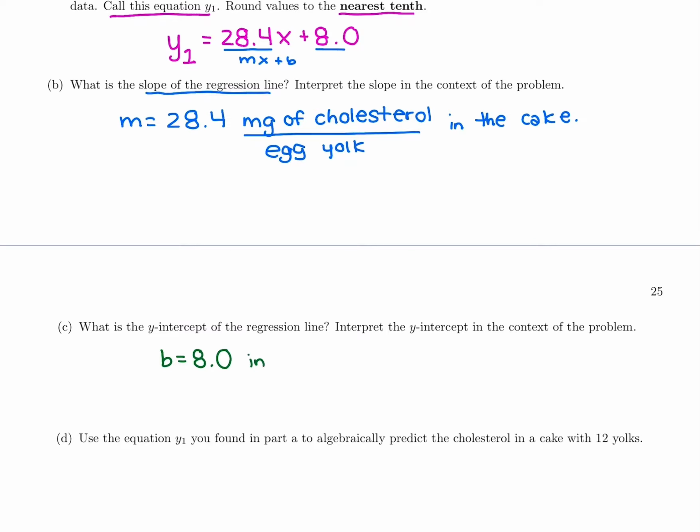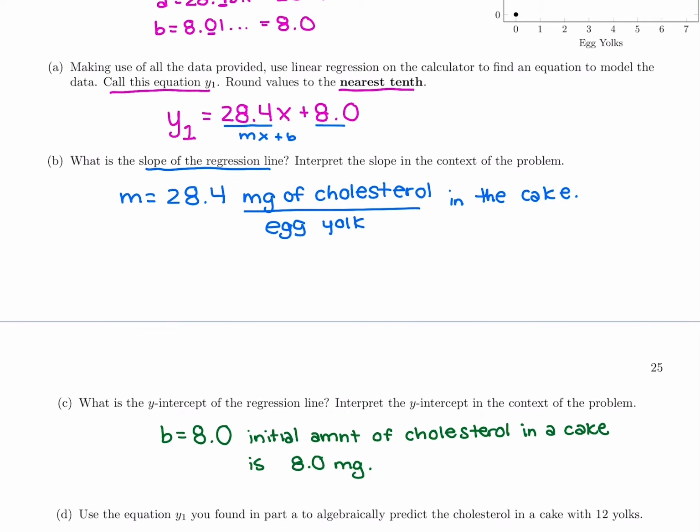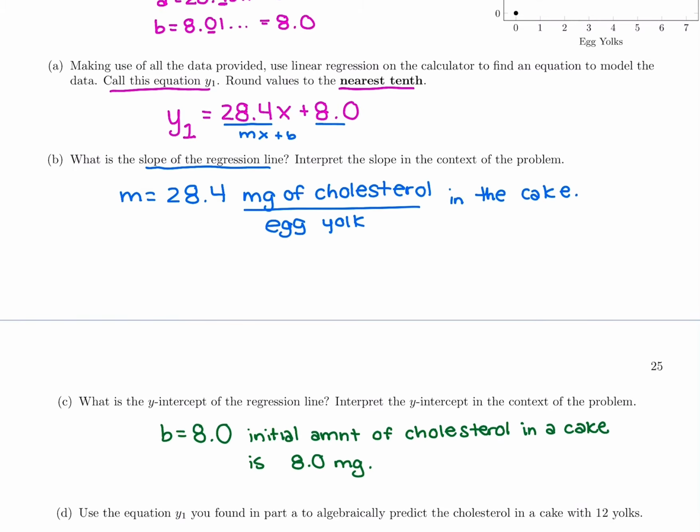So this is the initial amount of cholesterol in a cake is 8.0 milligrams. So the y-intercept gives you the initial value. The slope gave us the output over the input, the amount that we were adding with each egg that we put into the cake.